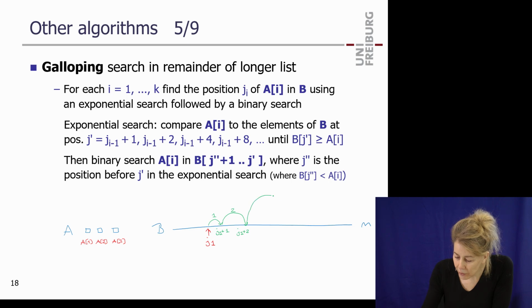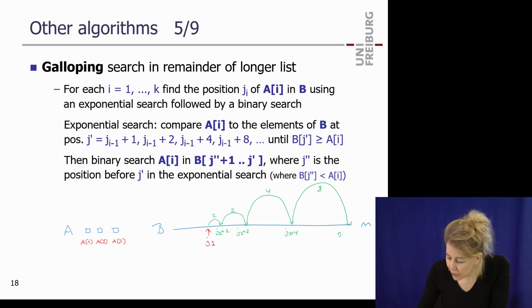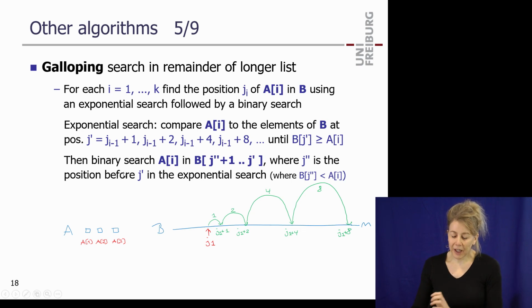And this is 4, hence exponential, so this is position J1 plus 4. And this is J1 plus 8. So I'm just probing B at positions which increase exponentially.